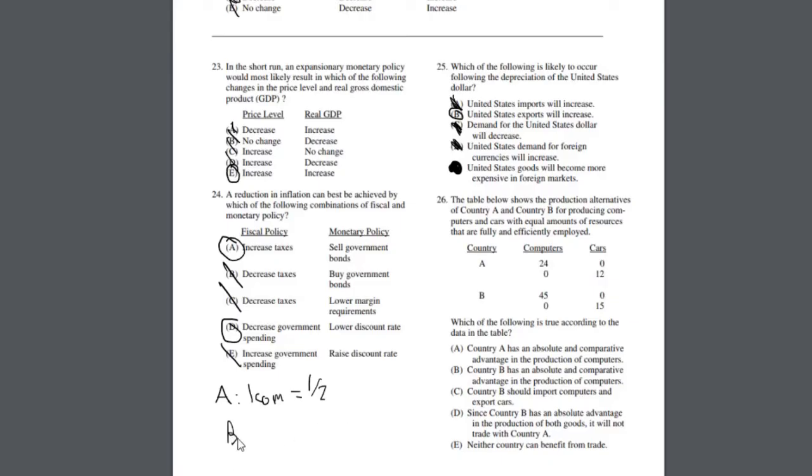Country B, for one computer, so divide both sides by 45. 45 over 45 is 1. 15 over 45 is going to be 1 over what, like 1 over 4? No, actually 1 over 5, right? No, that's right? 15, no, 1 over 3. I thought 3 first. Okay, whatever.